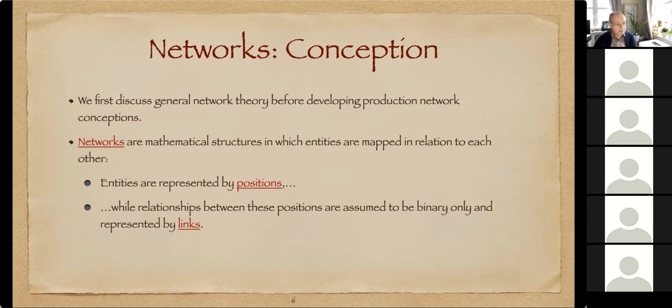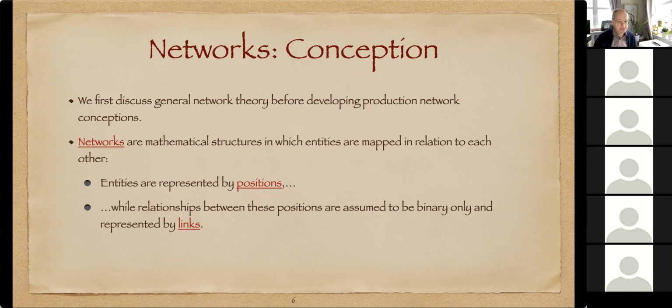And that is the second element of a network, and those are links. And those links are binary only. It is between two positions, two entities in the network. So entity 1 and entity 2 are related. Well, how do we map that? It is mapped by a link, as we can call that. And we can hang information to these things as well.